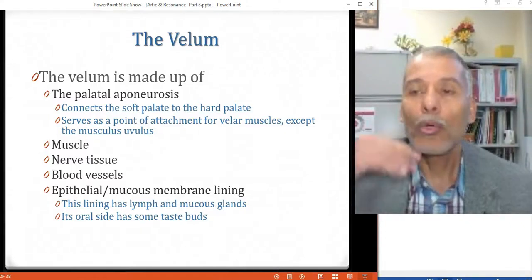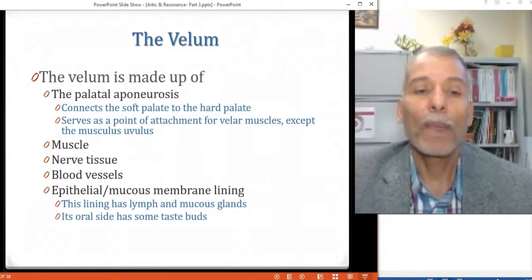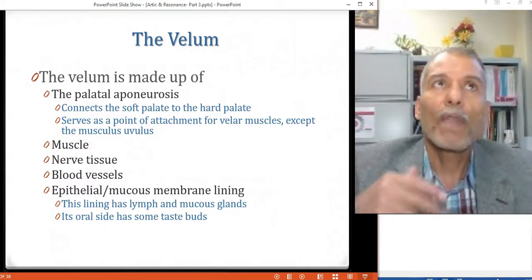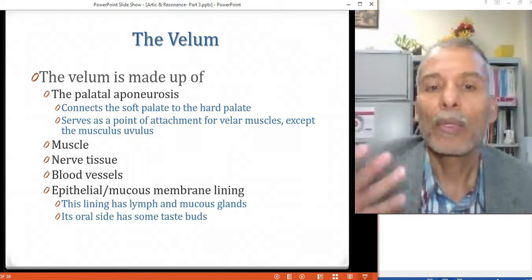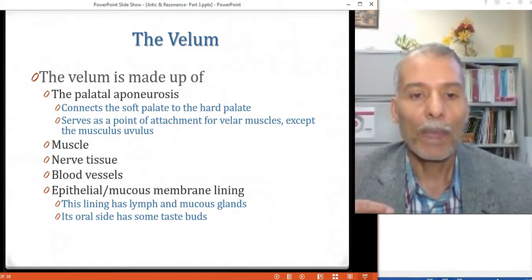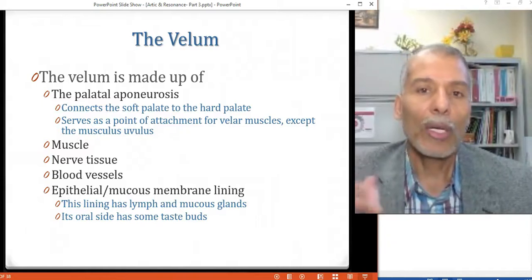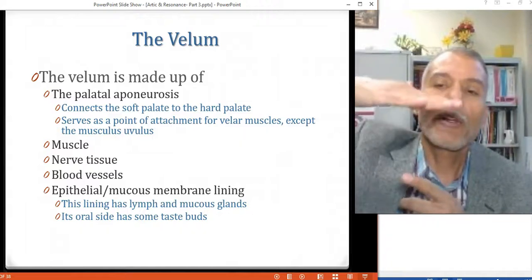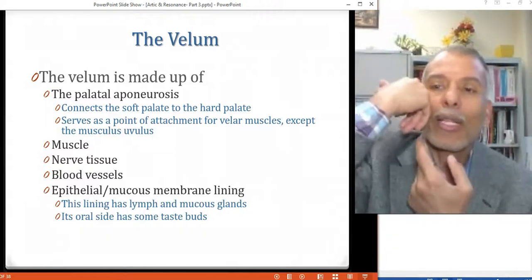Also, there are parts of the immune system, lymph vessels embedded in there, to help with immunity. And also there are some taste buds on the part of the velum that is facing the oral cavity.